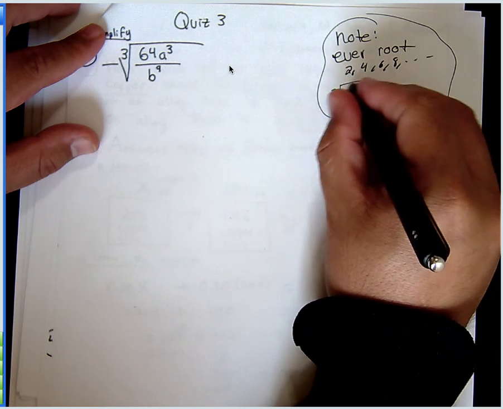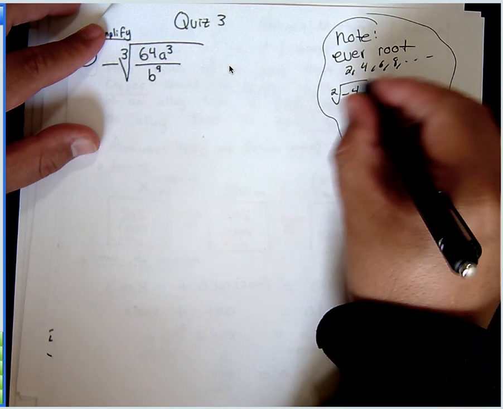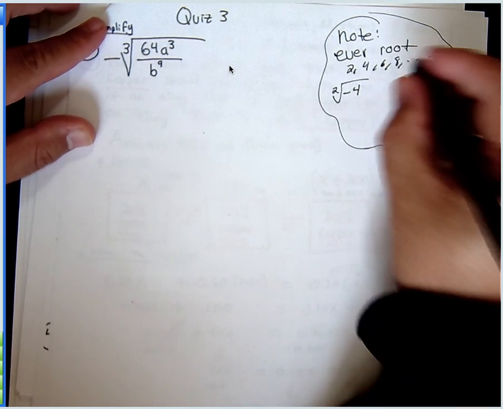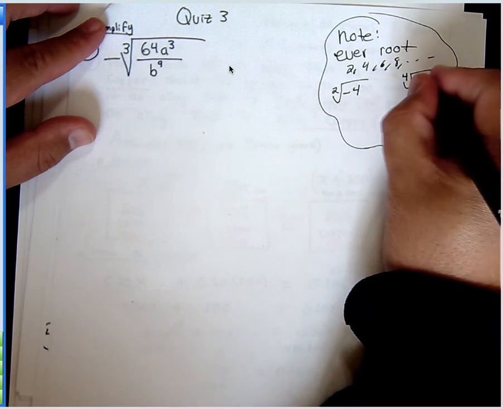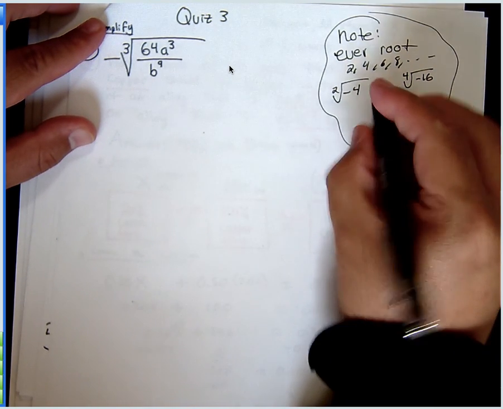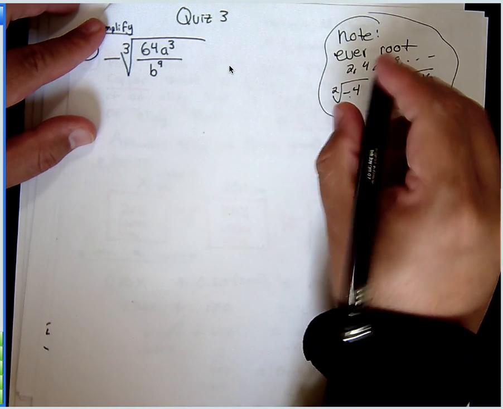When you have something like this, there's no parentheses here, there's not an exponent. Or maybe let me give you another example also, the 4th root of -60. These two, they're not real because this is even. You cannot have negatives inside.